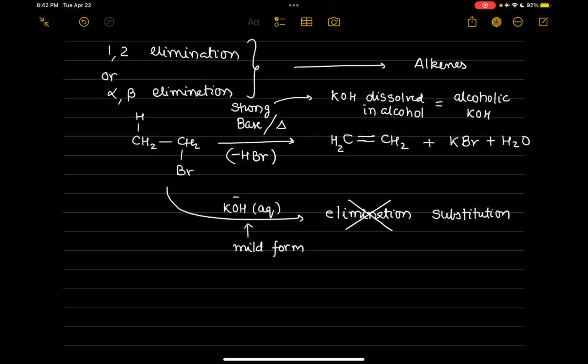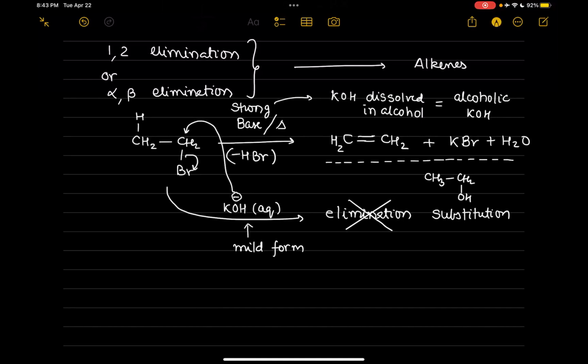The OH minus is a base, actually it is a nucleophile also. So it can get directly attached to the carbon atom bearing the bromine, and the bromine can be pushed out. So substitution, basically you will get this. This is the product.